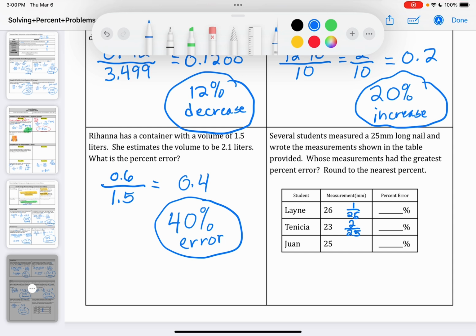And then Juan had 25 minus 25, 0 out of 25. Thank you, Juan, for making it easy. He has a 0% error. So 1/25 would be 4%. Tanisha would be 8%. I'm just making those into fractions over 100 to make it easy. So who had the greatest percent error? Well, let's see. That would be Tanisha.